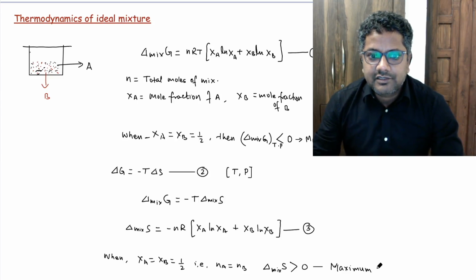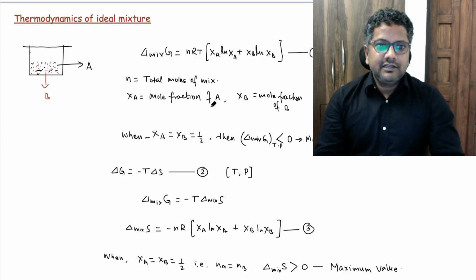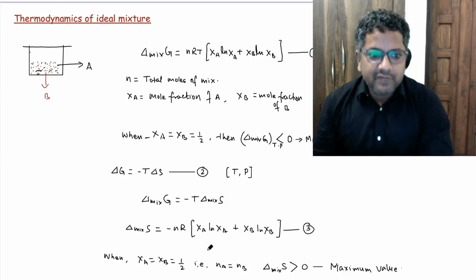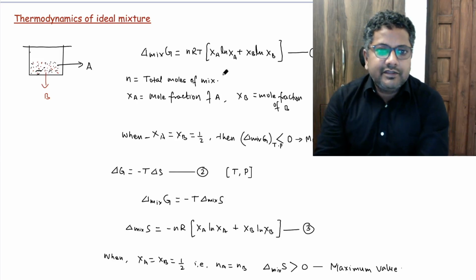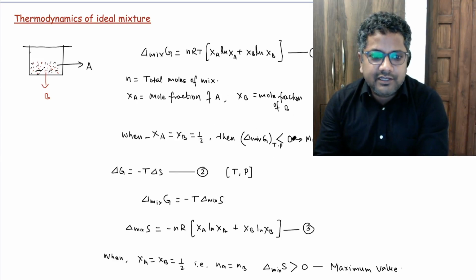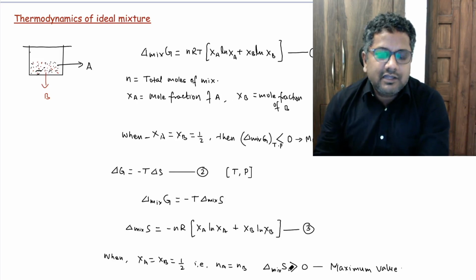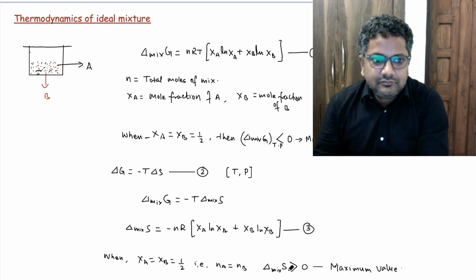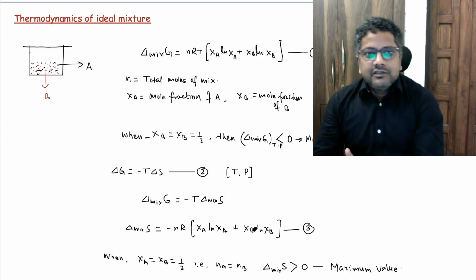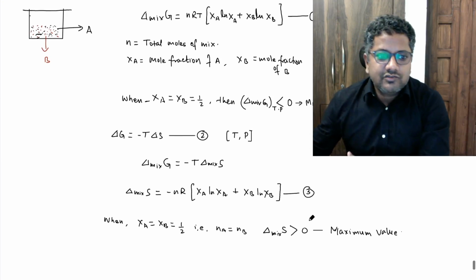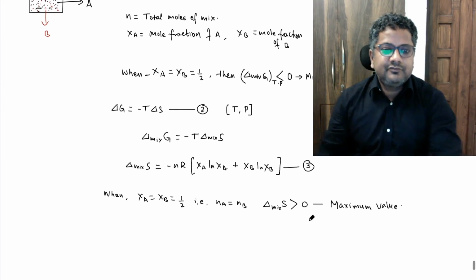Maximum, right? Maximum value. So see, delta G and delta S both were complementing each other: when this is the minimum value, when this achieves the minima, then this will achieve the maximum. Same condition. So now what should be the delta H?